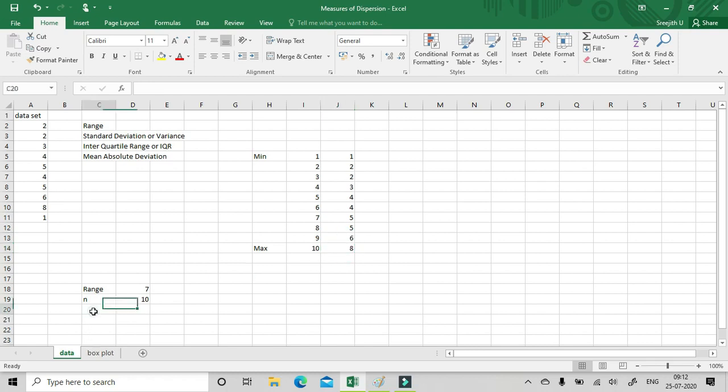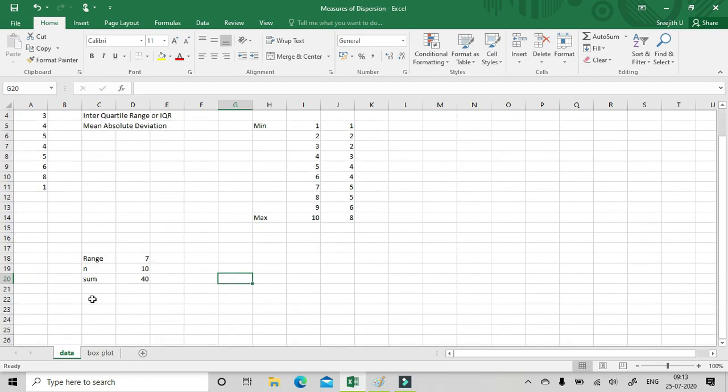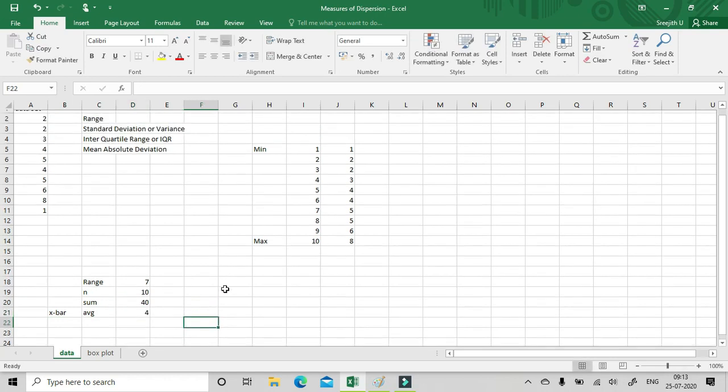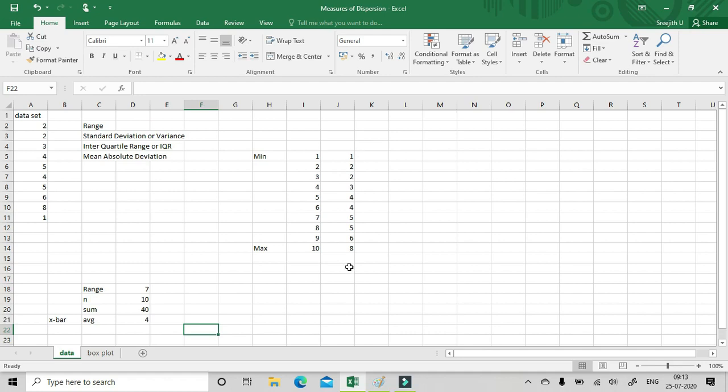Okay, the sum of all the numbers is 40, and therefore the average, or x bar as we call it in mathematical terms, is 40 divided by 10, and that is 4. So the average of this distribution is 4.